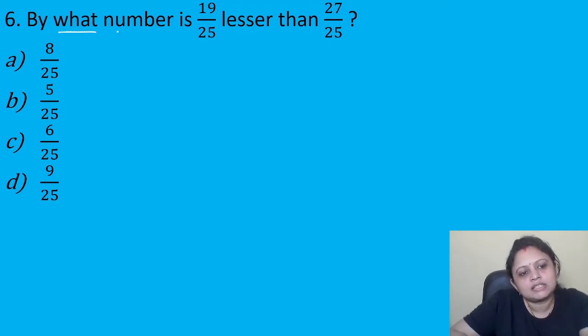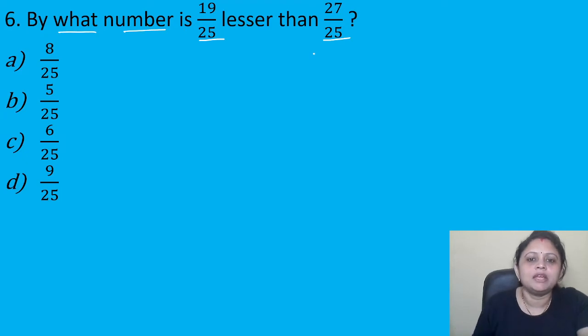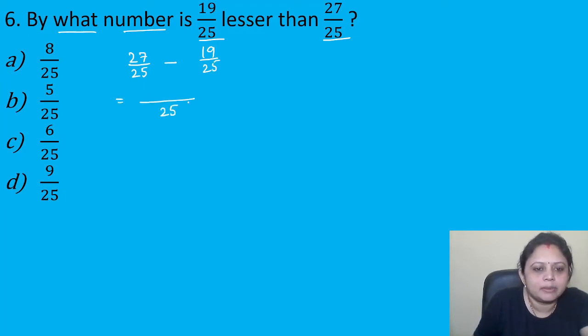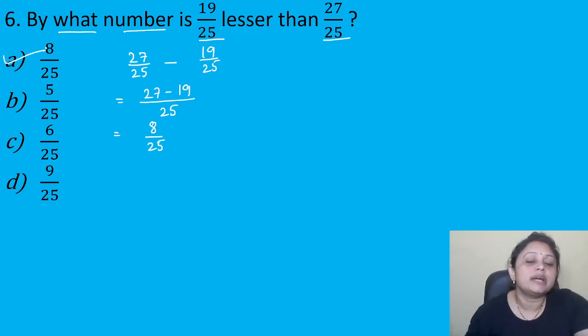It is asked by what number 19 by 25 is lesser than 27 by 25, so we have to find the difference: 27 by 25 minus 19 by 25. The denominator is the same, so we just subtract the numerators. That will be equal to 8 by 25, which is present in option A. So the correct answer is option A, that is 8 by 25.